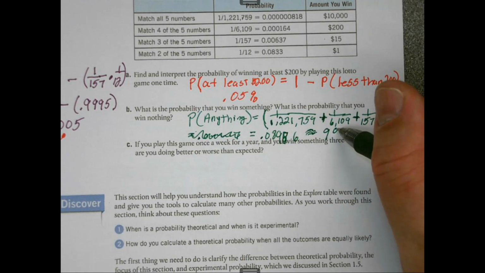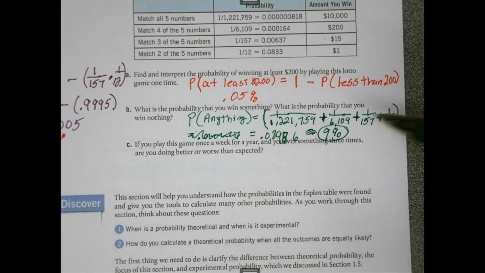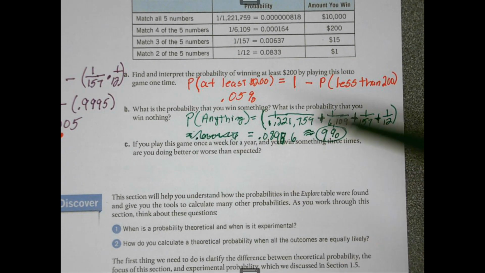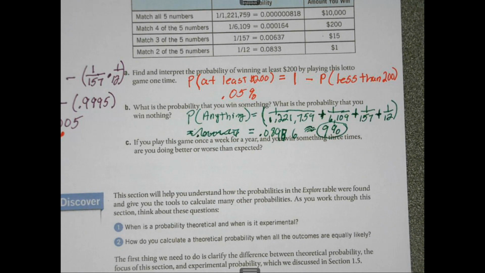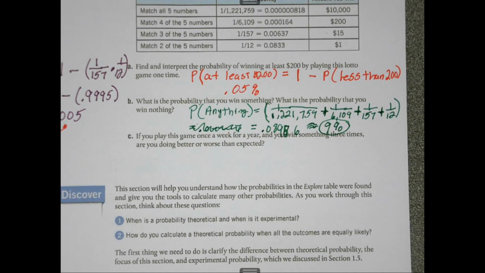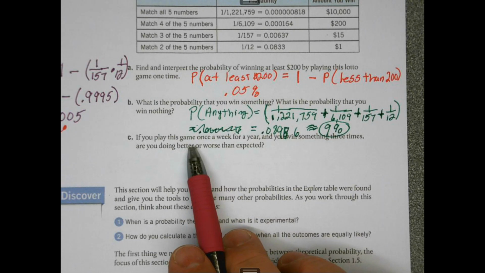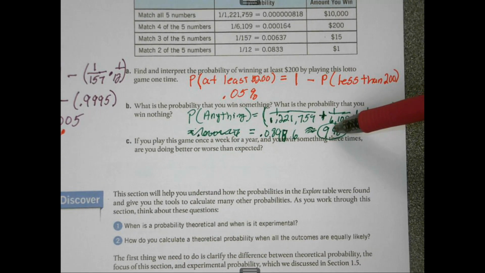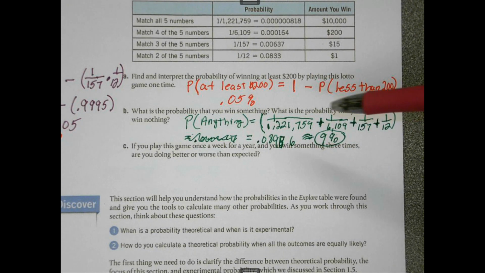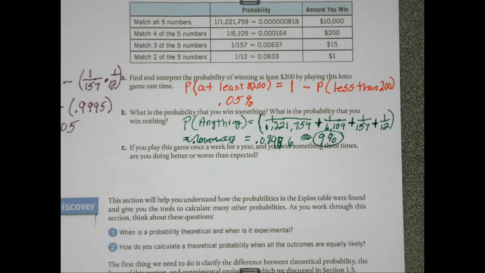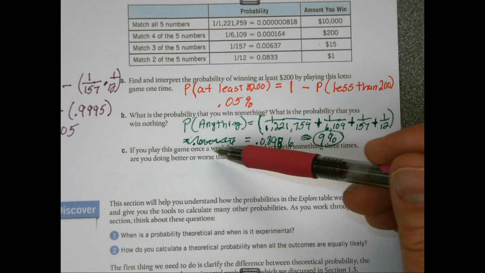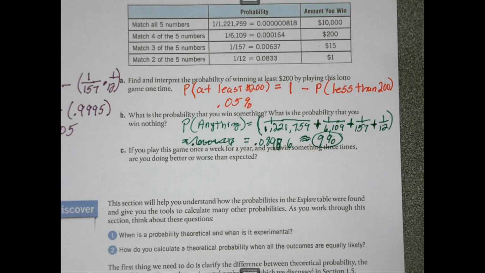Okay, C, if you play this game once a week for a year, so every week I have a 9% chance of winning, it's asking me, are you doing better or worse than expected?